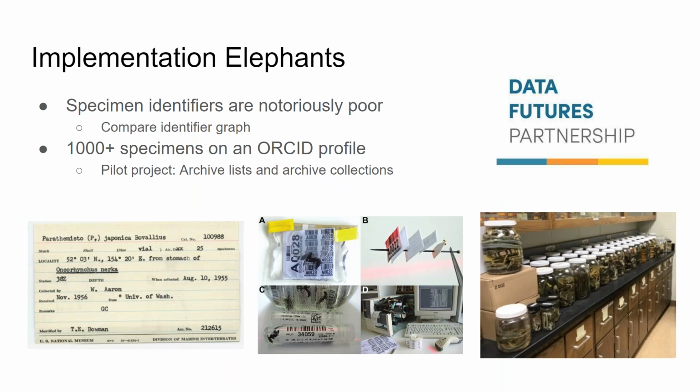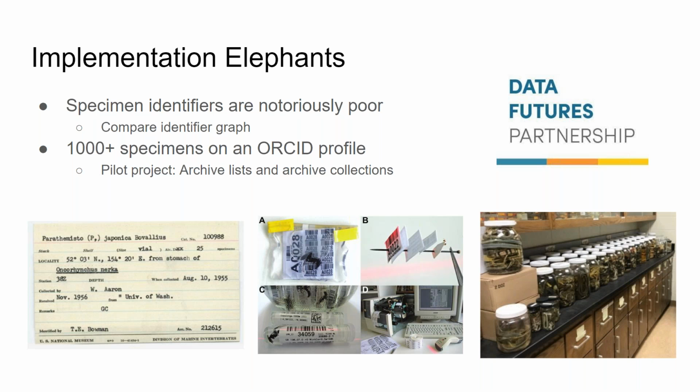So the second implementation elephant is the fact that some people are very prolific, and so we don't want ORCID profiles that show thousands or even tens of thousands of specimen records or curation records. That's just too much.